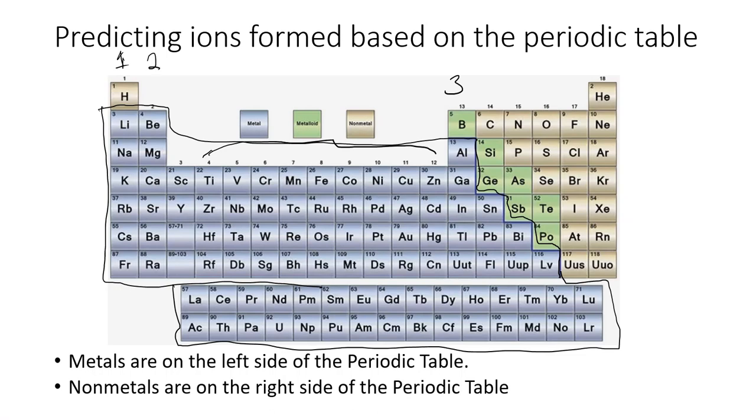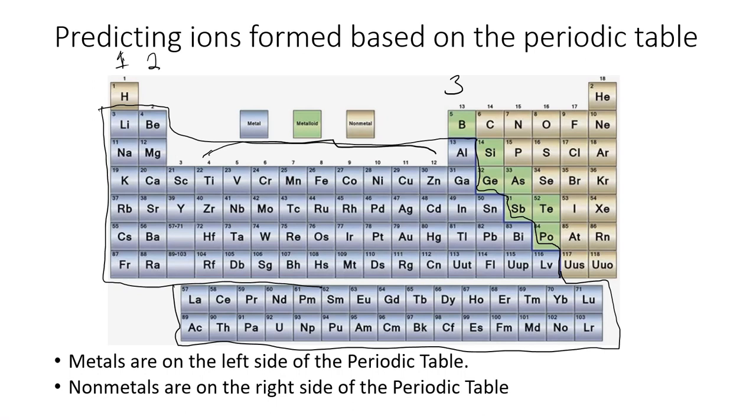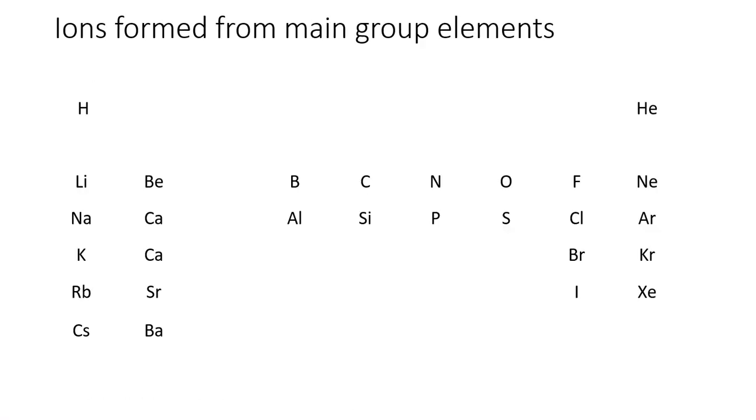So we'll see what we mean by that. Now, if we go to this next slide, before that I told you that these metals, we don't focus much on them. So in this slide I have ignored those metals. Those metals are found here, but I have ignored them.